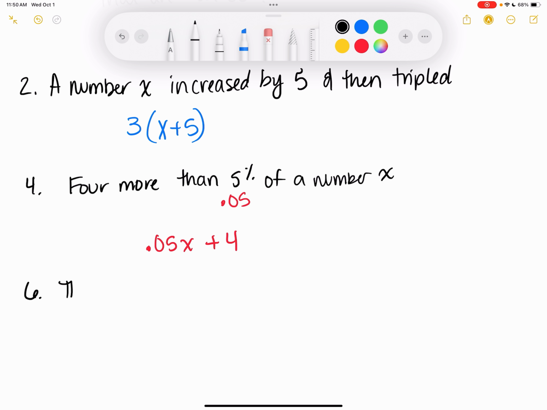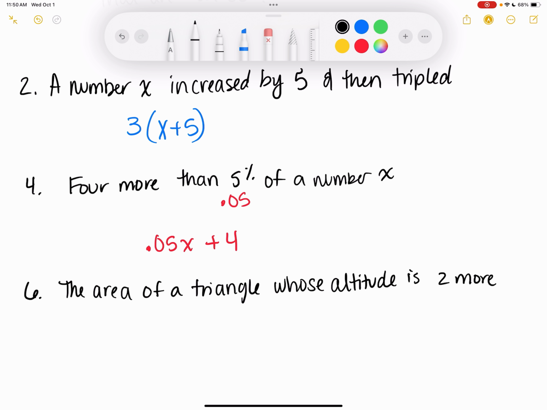6. The area of a triangle whose altitude, what does that mean? Height. Yep. Height. Is 2 more than the base length x.